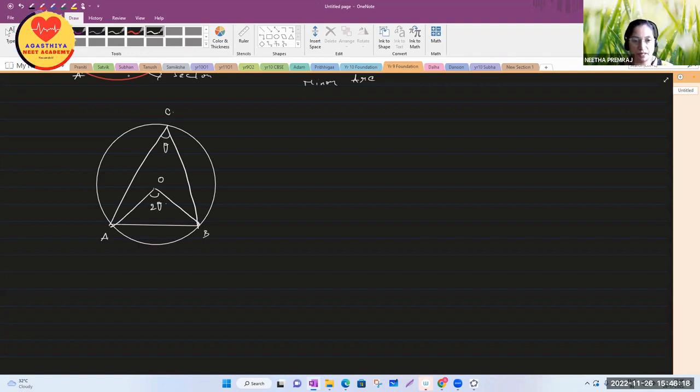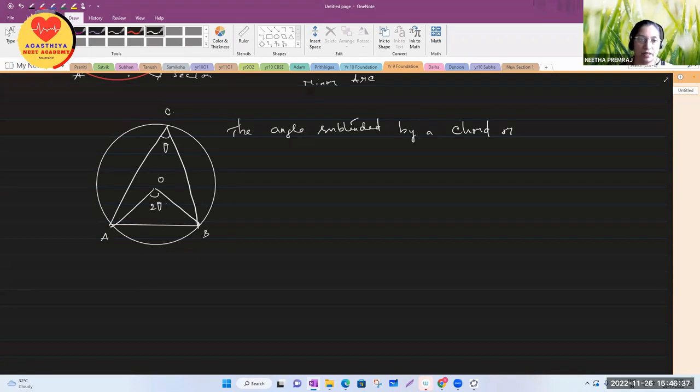So what I'm saying is, the angle subtended by a chord or arc at the center will be double the angle subtended by the same arc or chord at the circumference. You can take either way, this arc or whatever. Even without a chord, it is also fine.